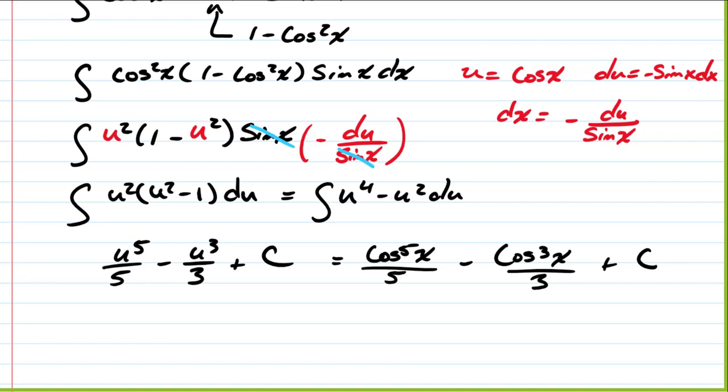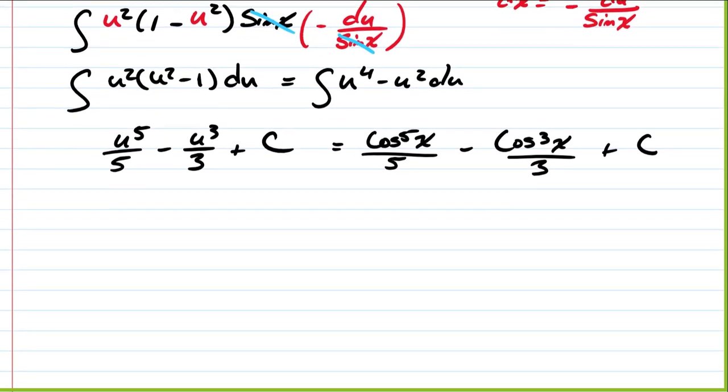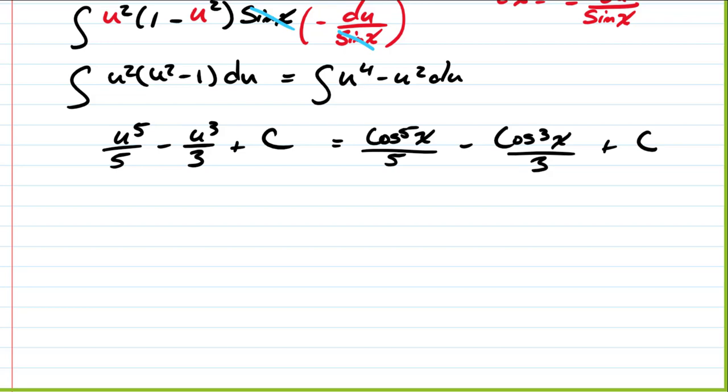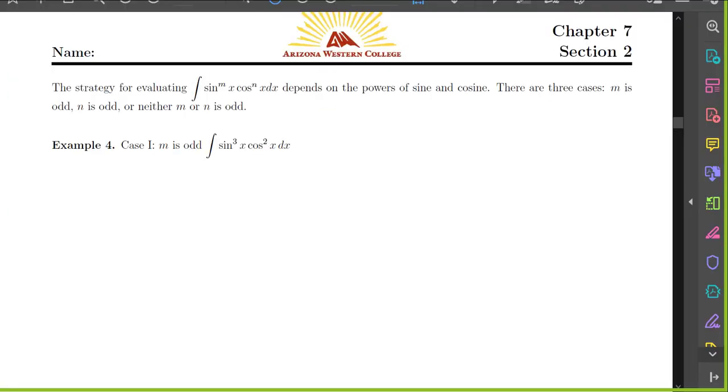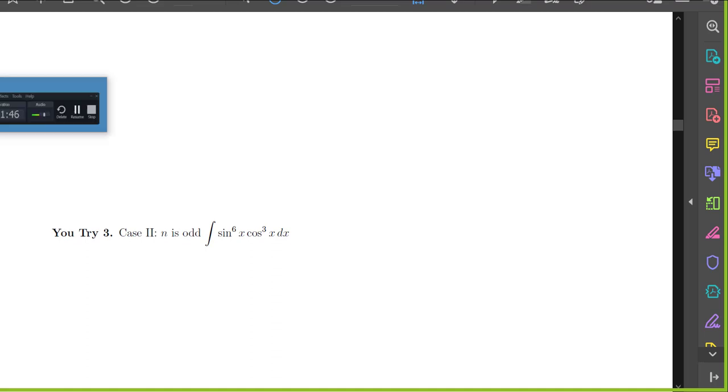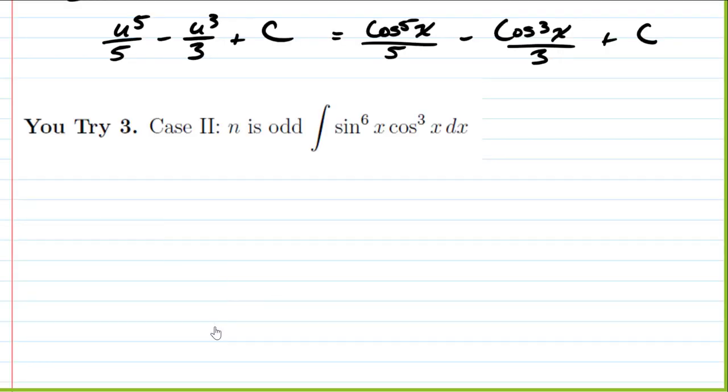All right. It is your turn. Let's go ahead and resolve this. So the first thing we're going to do is rewrite our cosine in terms of sines. So cosine cubed is the same as cosine squared x times cosine x.